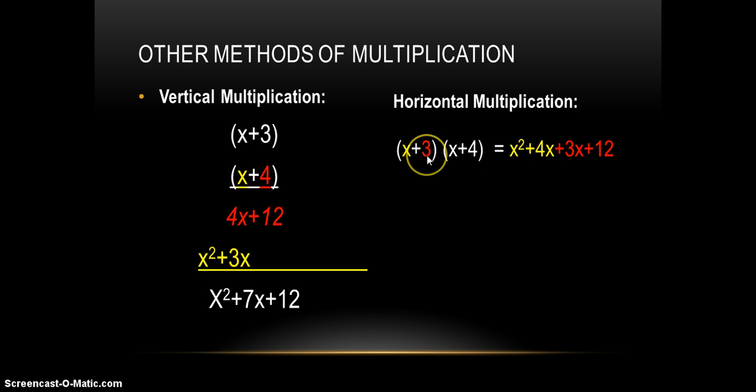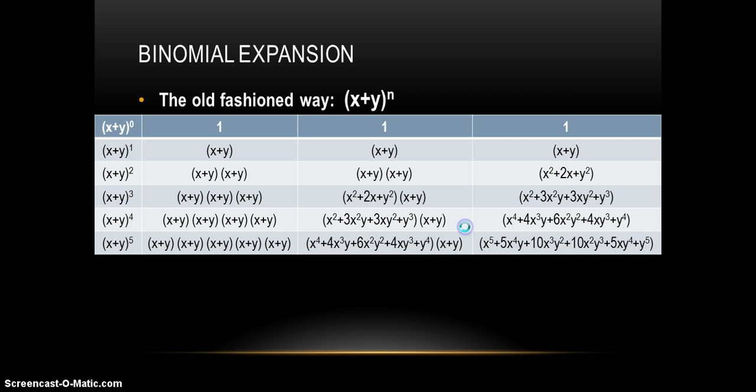I'm going to come back and do the same thing with the 3. 3 times x plus 4 gives me 3x plus 12. Combine like terms, and I've got x squared plus 7x plus 12. The same answer we got here. Your method does not matter as long as you come up with the right answer. That's all you need to know about methods of multiplication.